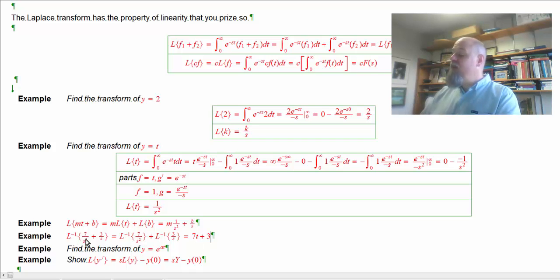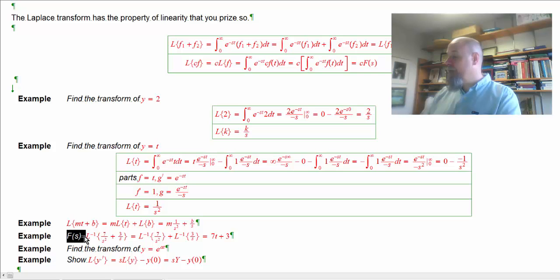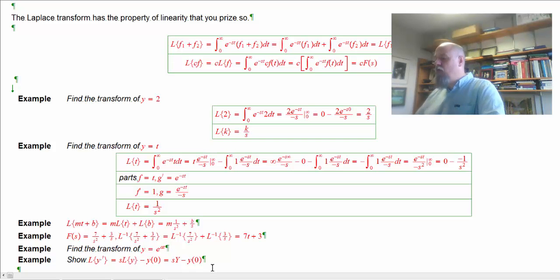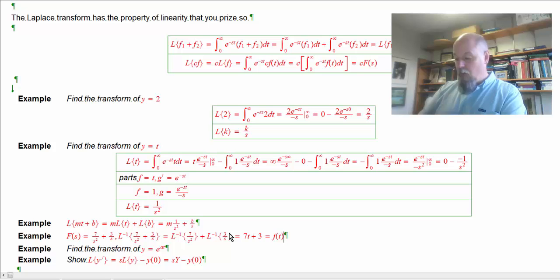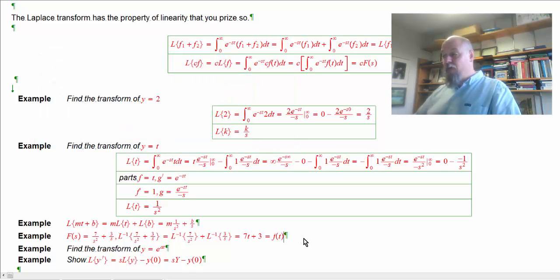So I know that if the function that I see in the Laplace world, the function of s, was equal to seven over s squared plus 3 over s, I could take the inverse Laplace of that and figure out what the original function was, either little f of t or y of t, whatever notation I'm using. So we can take the inverse Laplace of that.